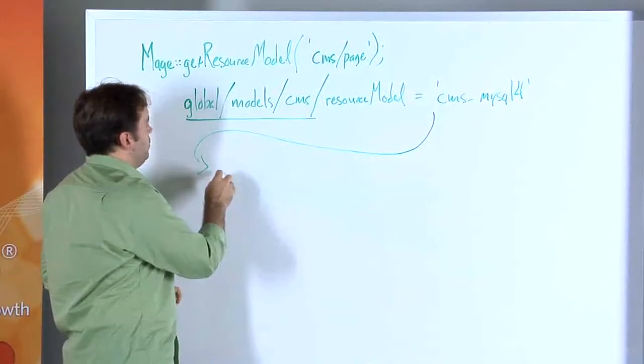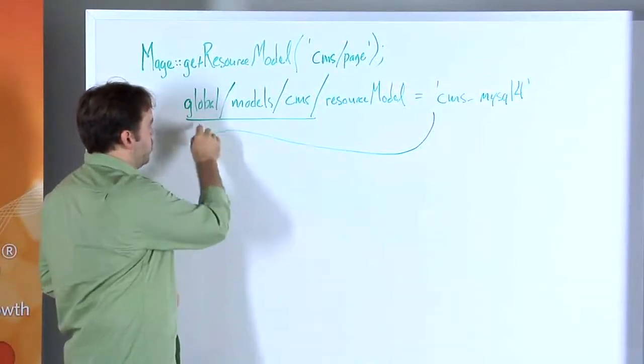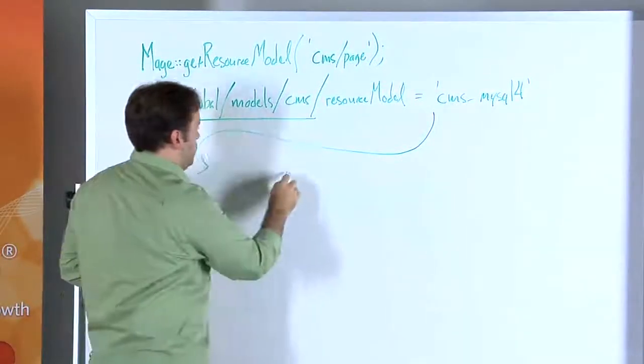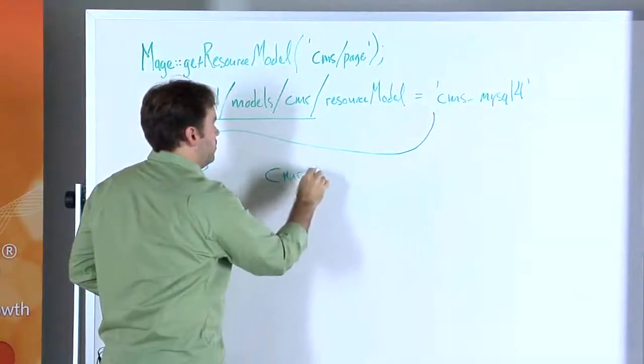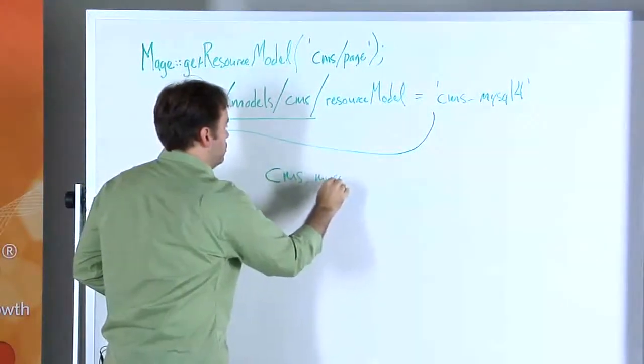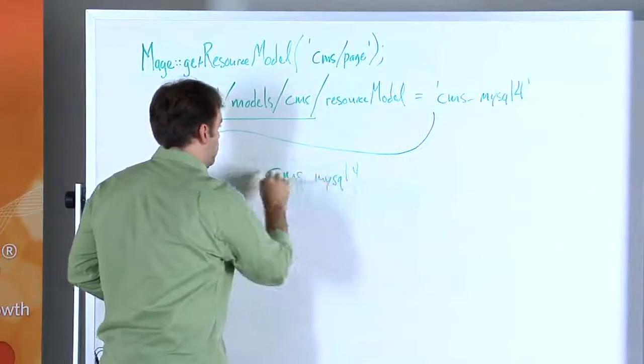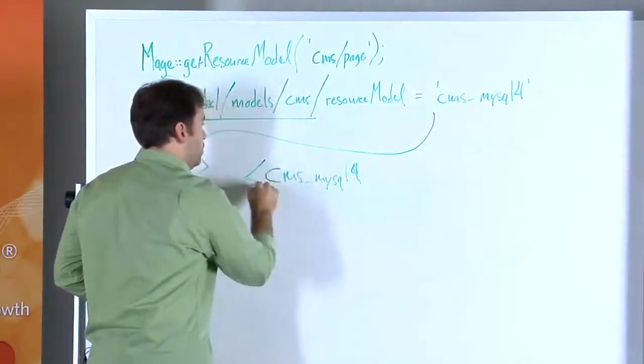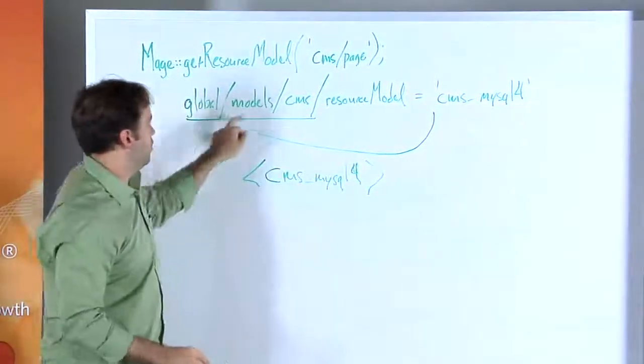And we'll end up looking under global models CMS MySQL 4. So this is itself a node under global models.